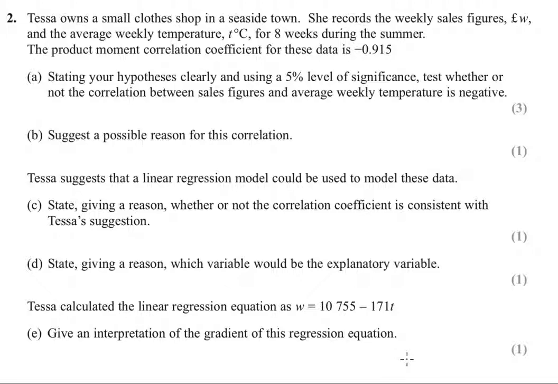Okay, and for part E, it's given us the regression line that Tessa has calculated, and it asks us to interpret the gradient. So what does this minus 171t represent?